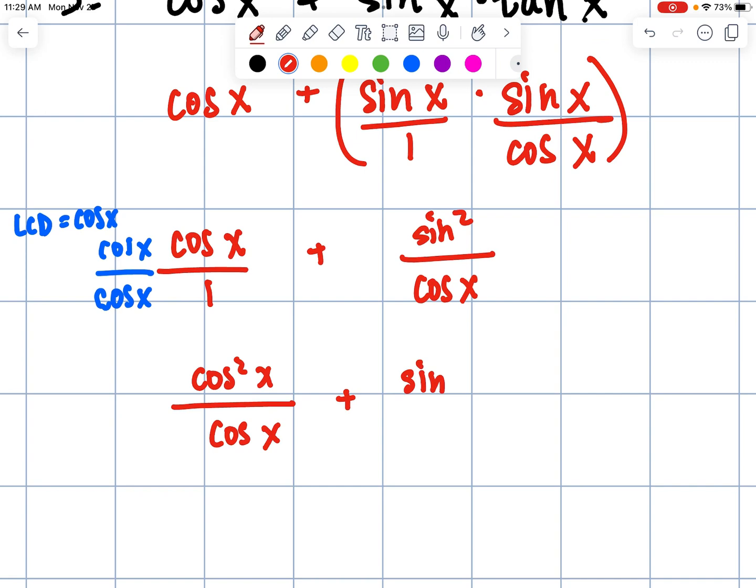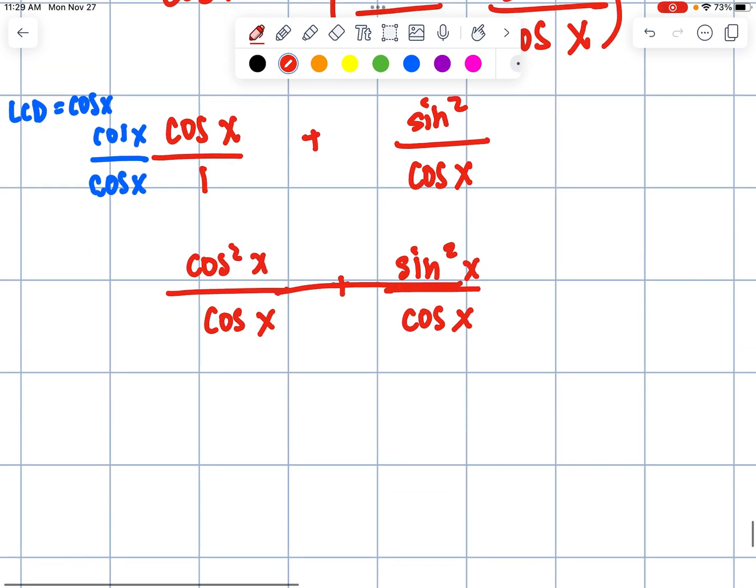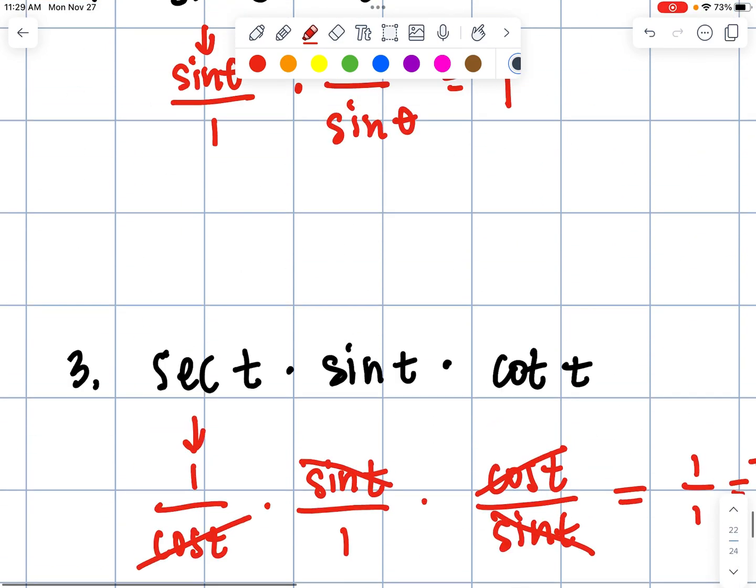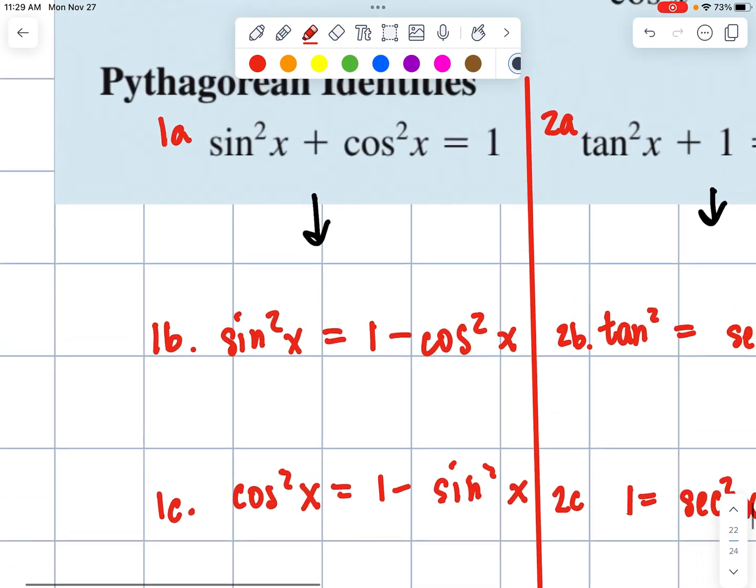We have cosine squared, we have sine squared x, and we have a common denominator, so we could write this all under 1 bar, or 1 fraction. So this would be cosine squared plus sine squared all over cosine. And if you notice, this is an identity. Cosine squared plus sine squared should be equal to 1. It's our 1a, right?